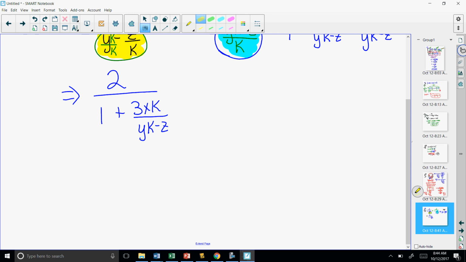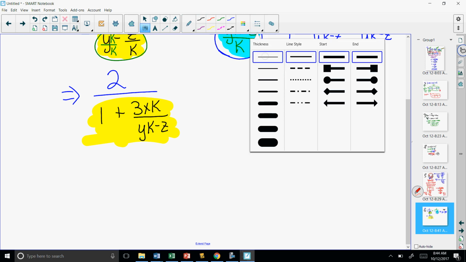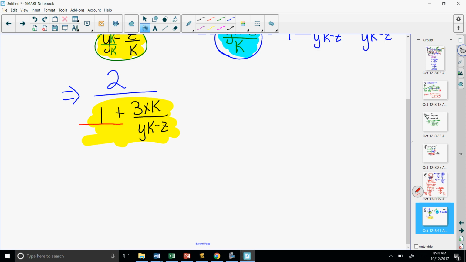In the denominator, what do I do with that? Get a common denominator. So what is that common denominator? It is yk minus z. So I have to take this first term times yk minus z. Now it has a common denominator.